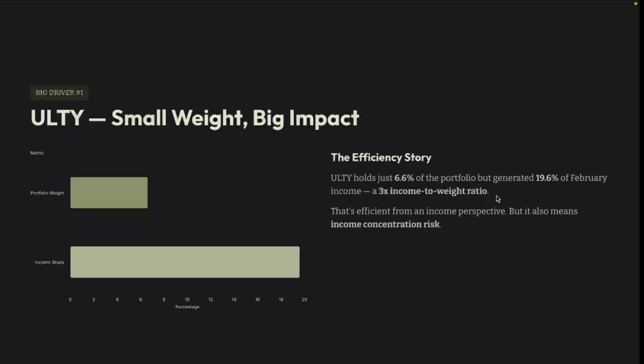Alright, let's talk about the big drivers. Let's focus on what actually moves the needle. First, ALTI. ALTI makes up about 6.6% of my portfolio, but it generated 19.6% of my February income. So that's a small weight, big income impact situation. That's efficient from an income perspective, but it also means income concentration risk.